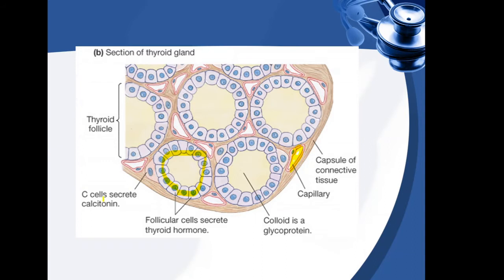These are the C cells that secrete calcitonin. The follicular cells secrete the thyroid hormones, and the colloidal region is in the middle of the follicle, composed of glycoproteins. You have capillaries and connective tissues. So the gland is completely made of thyroid follicles.